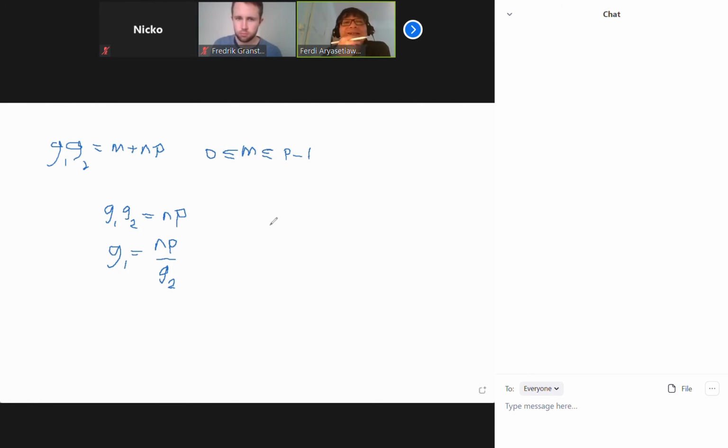But if G2 is equal to 1, then G1 will be a multiple of the prime number, which is not possible because by definition G1 must be less than p. So that shows that it cannot be 0.